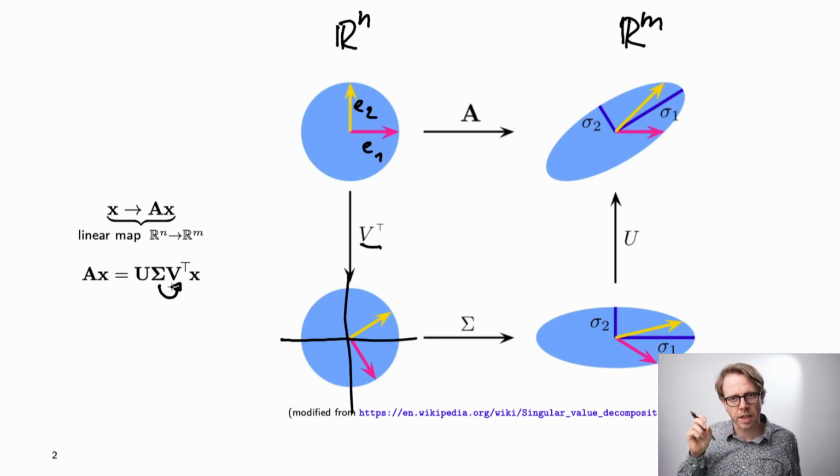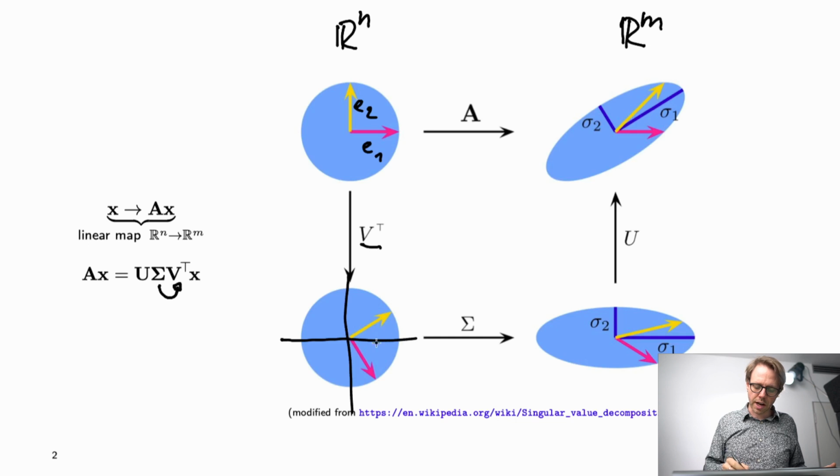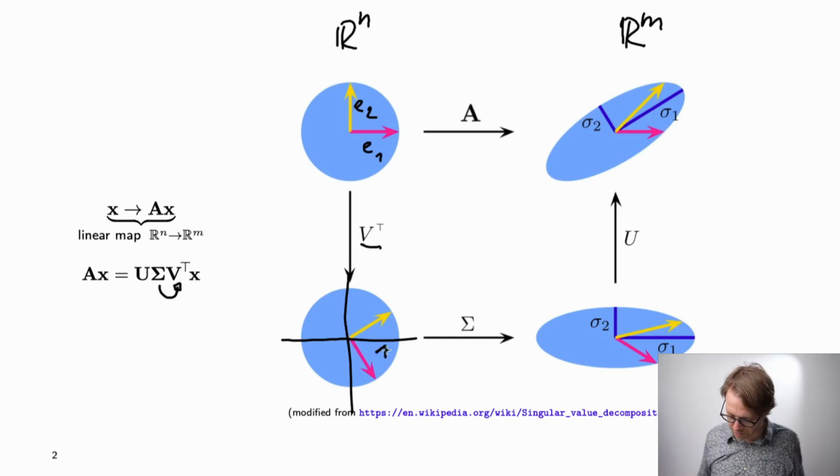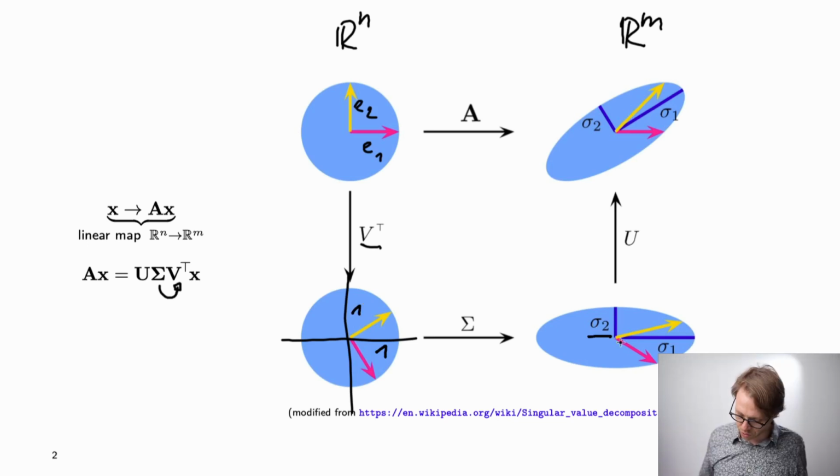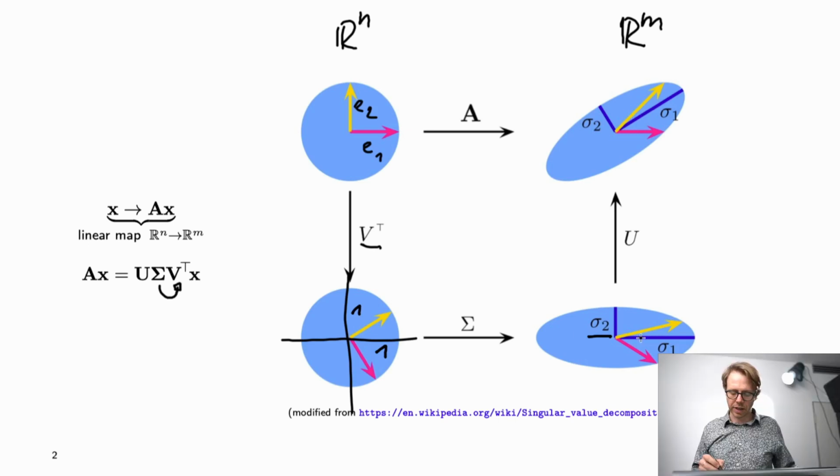That means that the first r dimensions are being scaled. So if this was a 1, we're now scaling to sigma 1. And similarly along this direction, if this was a 1, we're scaling to sigma 2. Accordingly, these original E1 and E2 are now scaled because they are a combination of these two vectors here.